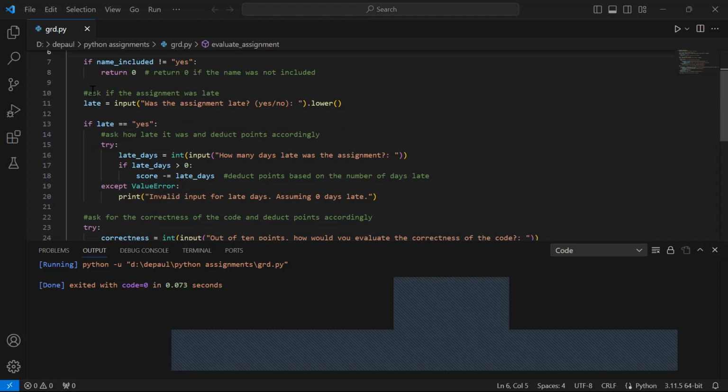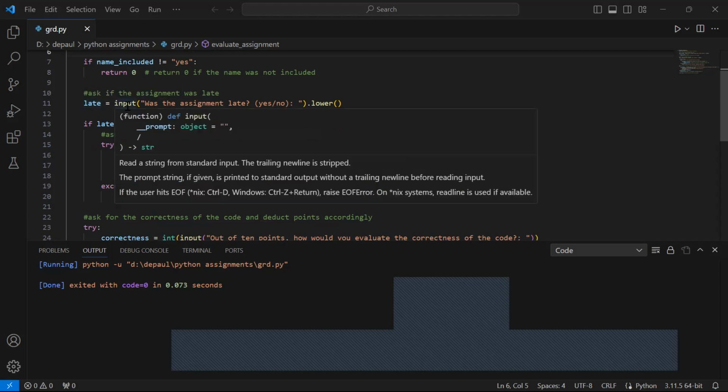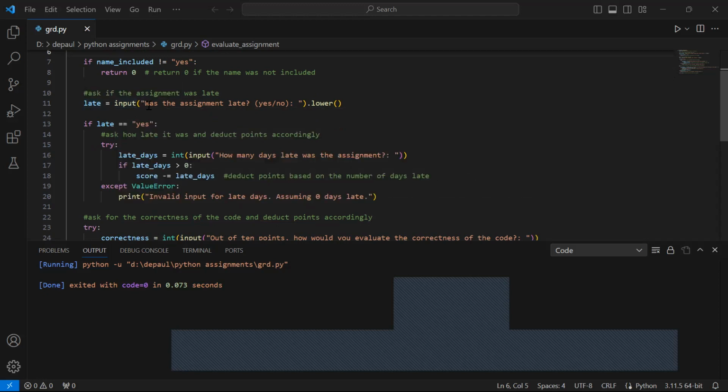Similarly, ask if the assignment was late, like late keyword equals input of was the assignment late, yes or no. If the assignment was late, ask how late it was and deduct the points accordingly.